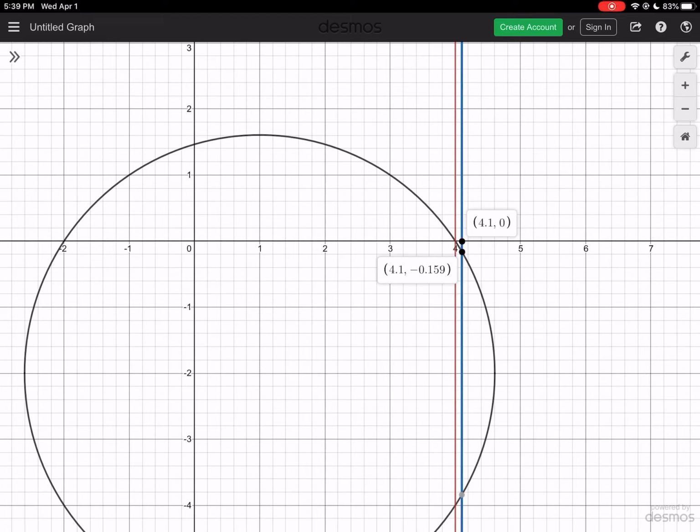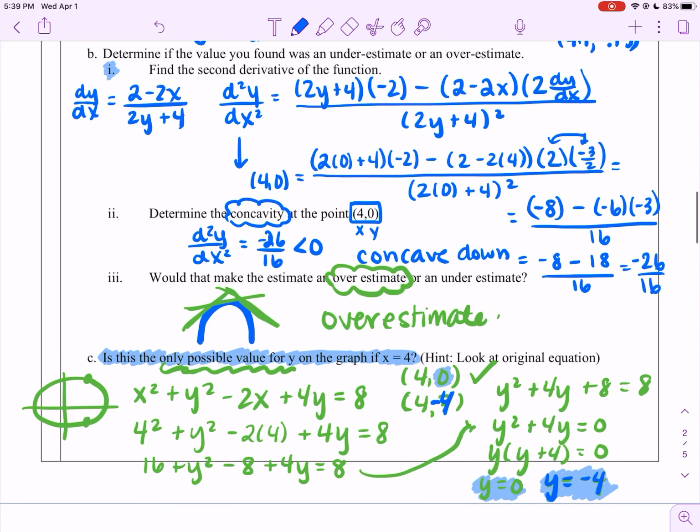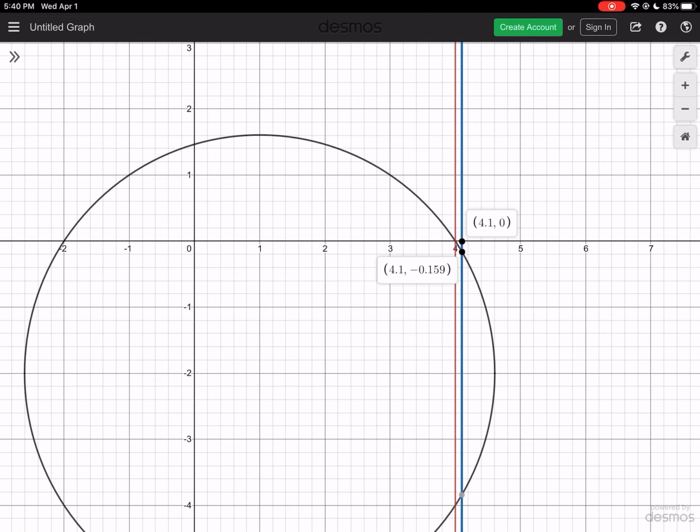In addition, notice that this value, negative 0.159, is below negative 0.15. That means the value that we found was an overestimation, because negative 0.15 is above negative 0.159. So we actually found an overestimate of the actual value that you can see.